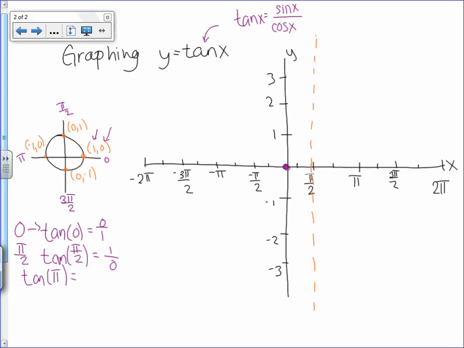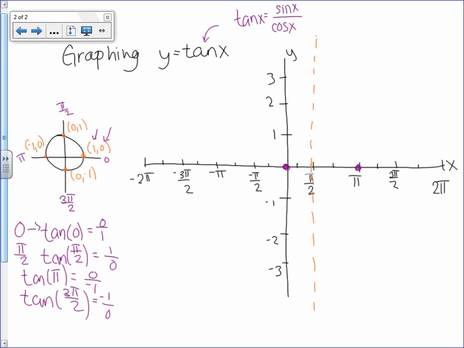Okay, when I do the tangent of pi, the sine at pi is 0, the cosine of pi is -1, so I get 0. So at pi, I'm back at 0. When I look at 3 pi over 2, I'm down here, the sine is going to be -1, the cosine is 0.